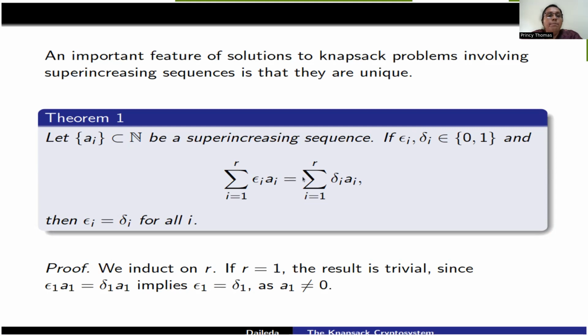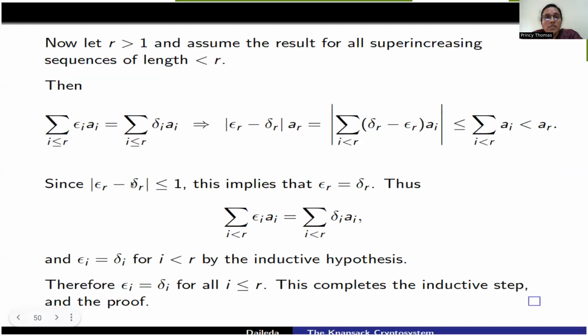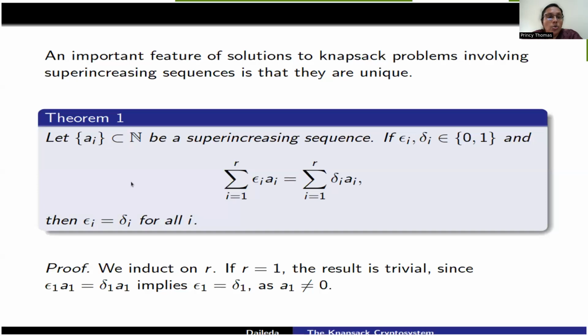An important feature of solutions to knapsack problems involving super increasing sequences is that these solutions are unique. And this is the theorem. The proof of this theorem we are not going to look at, but an induction proof is used for it. If you want, it is there in the slides. You can go through it, but I'm just going to give you the statement.